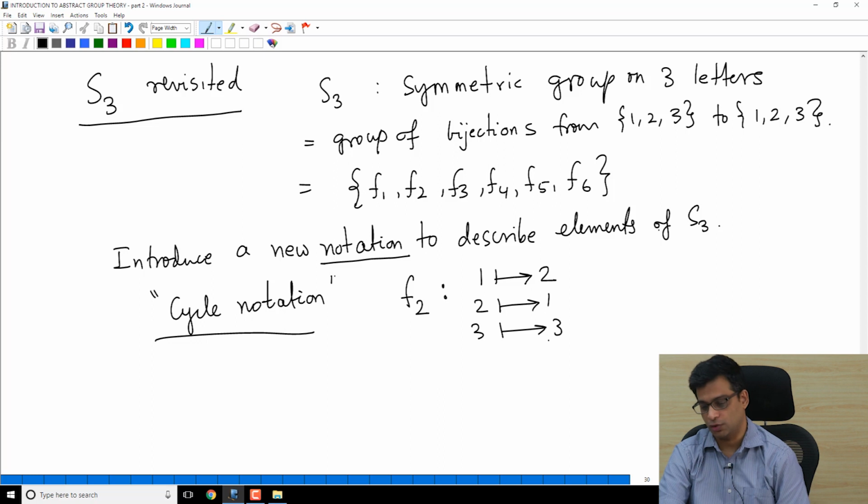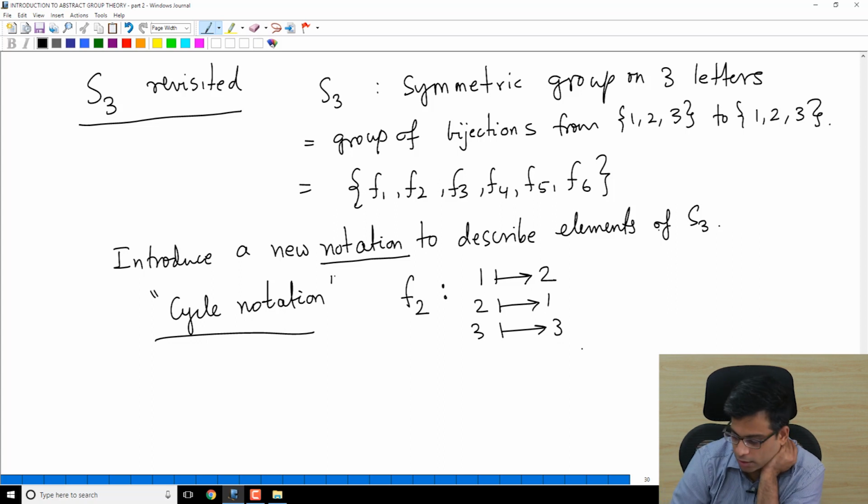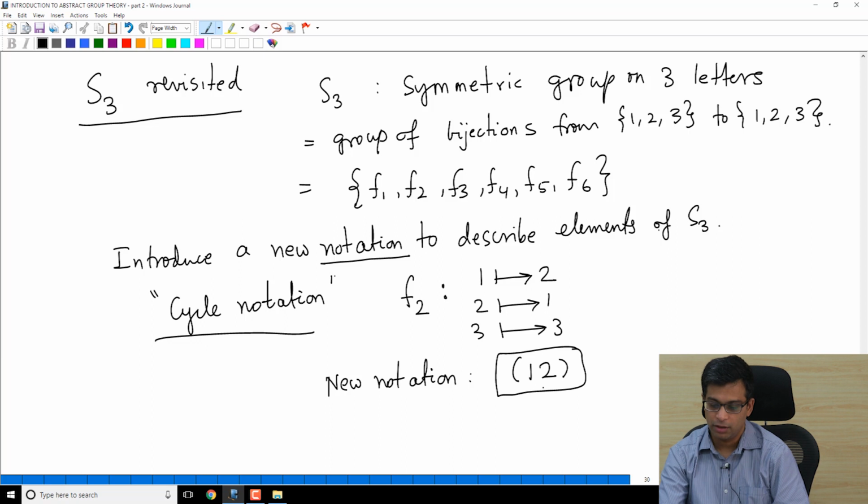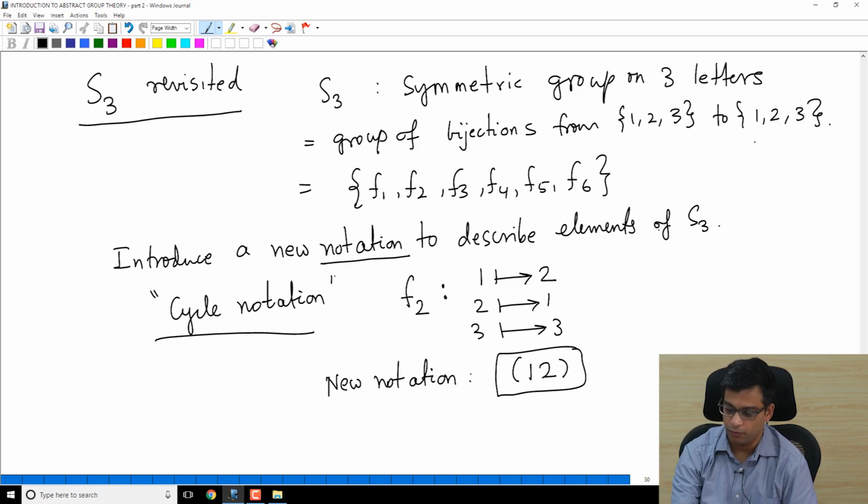For example, 3 goes to 3, so I would like not to mention that at all in my description. So in the new notation, let me write this as simply (1 2). So all my elements of S3 will be denoted by numbers within brackets.